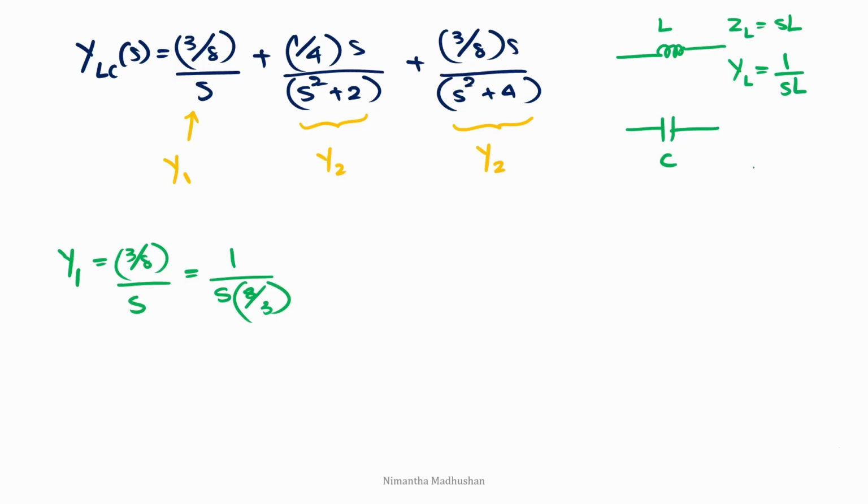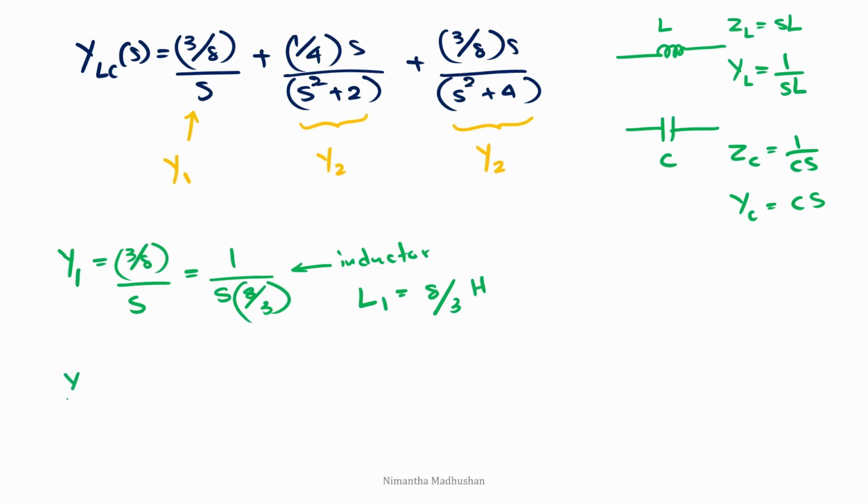And if we consider a capacitor, the impedance of the capacitor is 1 over Cs, and the admittance of the capacitor is Cs. If we check the representation of Y1, it is similar to the admittance of an inductor. Then this is the representation of an inductor. The L1 value is 8 over 3 Henry. Y1 represents an inductor.